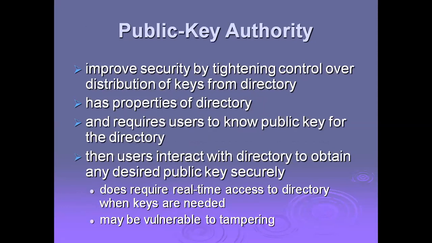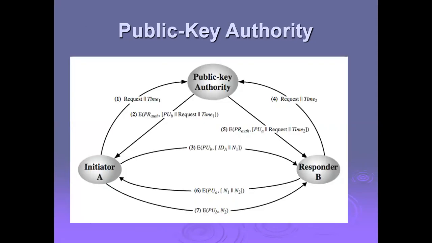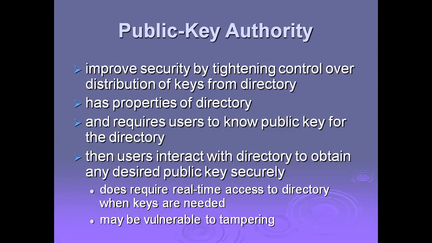Now the public key authority. It improves security by tightening control over distribution of keys from the directory. We are going to improve security and maintain the properties of the directory, and we require users to know the public key of the directory and interact with it to obtain public keys securely.